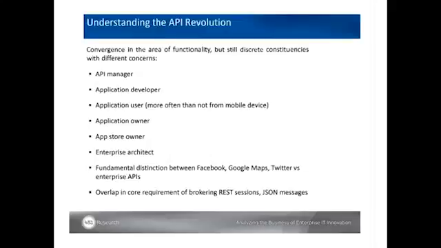As enterprises and service providers look to secure and scale the exposure of a set of RESTful APIs for mobile applications, for example, to developers and partners, they have to deal with a different class of users.